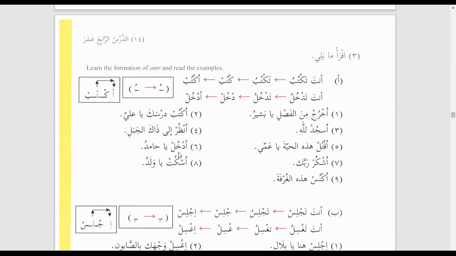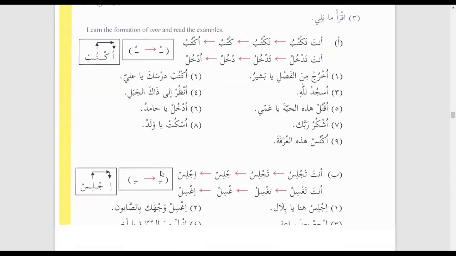Again, tadkhulu, and from tadkhulu we have udkhul. Ushkur rabbaka, thank your Lord. Ushkur shakar yashkuru, and then from tashkuru we make ushkur rabbaka. And sakata yaskutu, and then we have fi'l al-amr uskut ya waladu, keep quiet, O son or O boy.